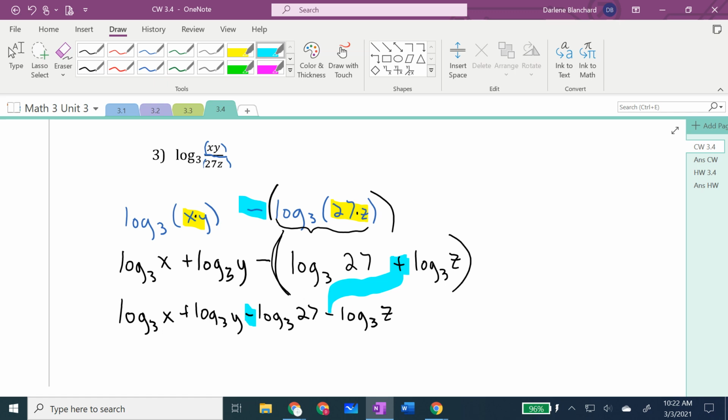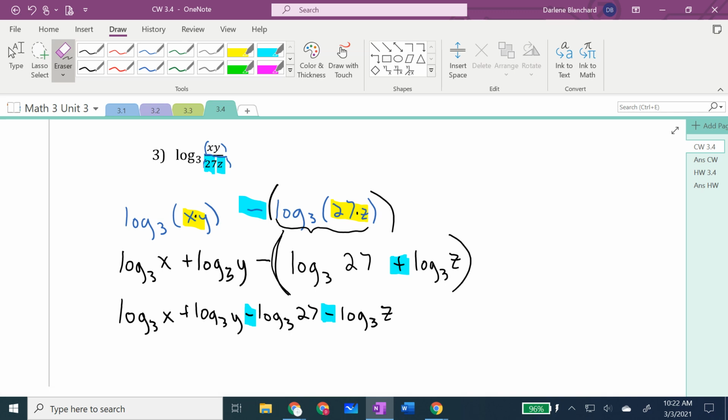But I also want to point out to you that every factor in the denominator wound up being a logarithm that was subtracting. And if what I said makes sense to you, then you might be seeing a way to more quickly go through the process of expanding.